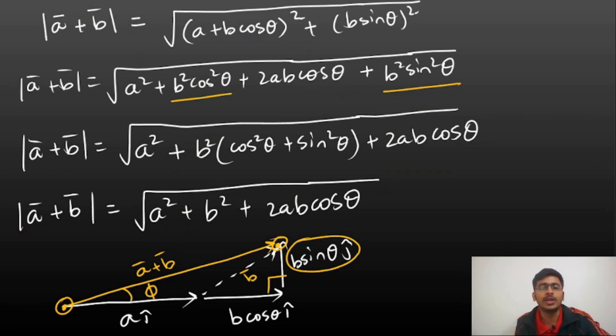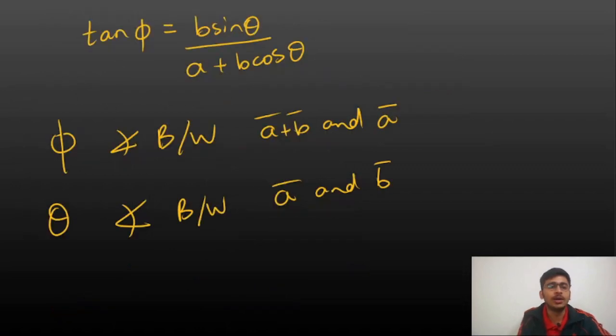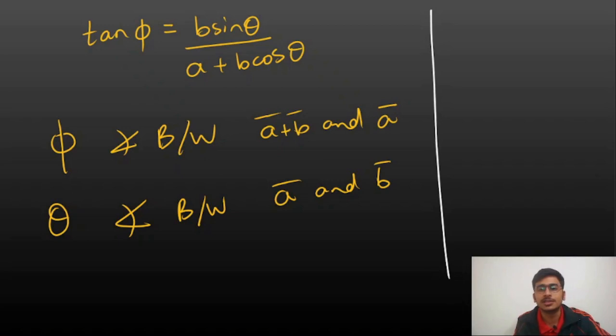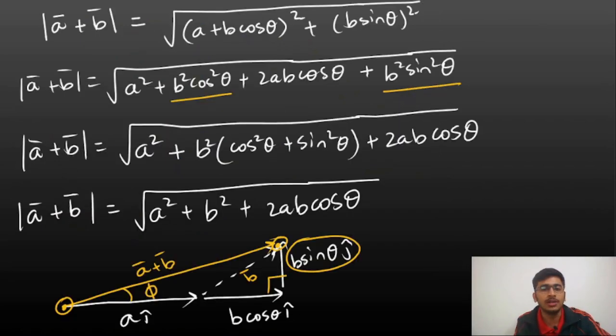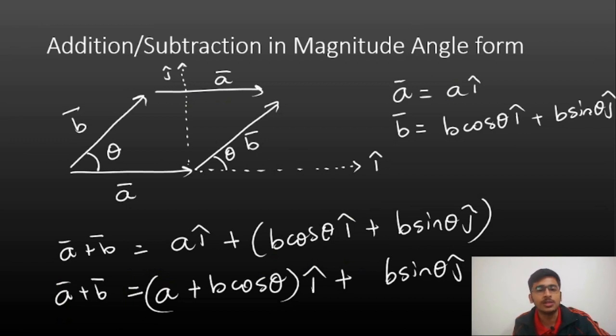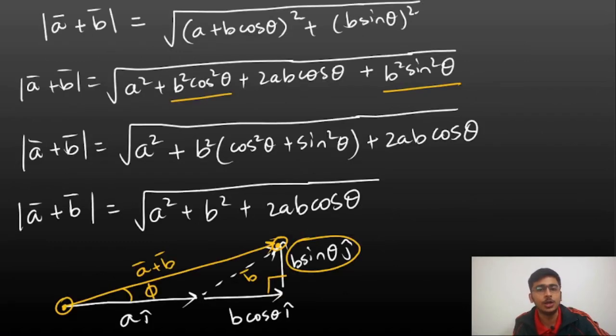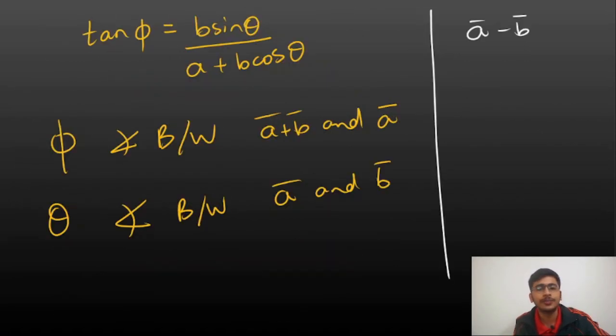So this is how we can find the addition and subtraction in magnitude form. I'll give you a homework: you have to find a vector minus b vector. You can use all these steps that I have used, but instead of doing plus here, you just have to subtract and then find its magnitude and find the angle phi.